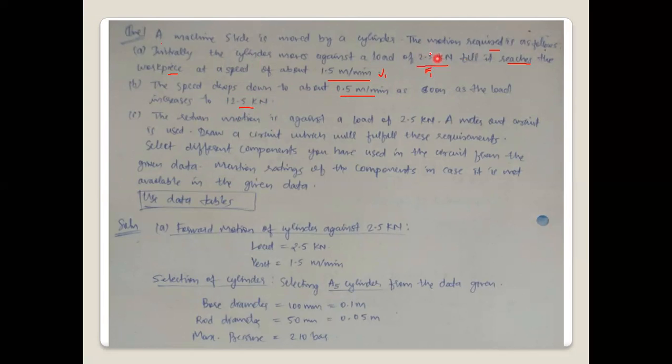You can see that initially the load is 2.5 kilonewton, and then the load changes to 12.5 kilonewton. By studying this we can say that this circuit is a traverse and feed circuit. In a traverse and feed circuit, initially the speed is fast, that is the rapid approach. Then second will be the slow approach, which we call the feed approach.